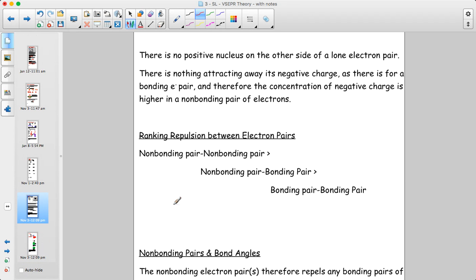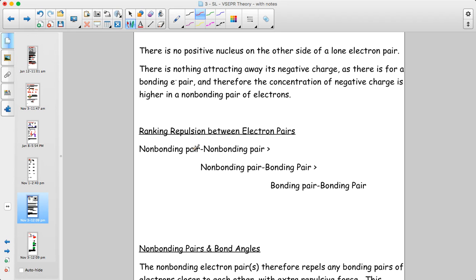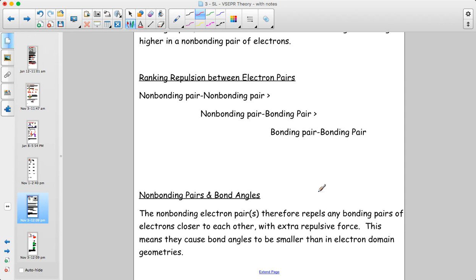So the non-bonding pairs repel one another the most because they are the most repulsive things. Non-bonding pairs repel bonding pairs more than bonding pairs repel one another. So just think of non-bonding pairs as repelling more than bonding pairs. That's the key idea.